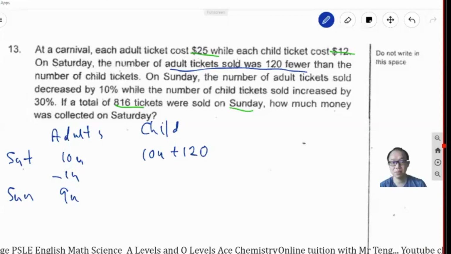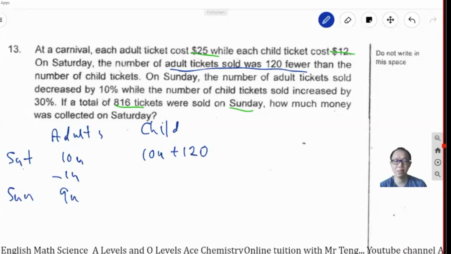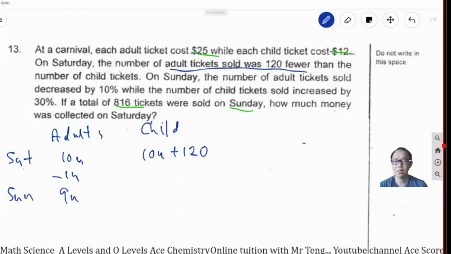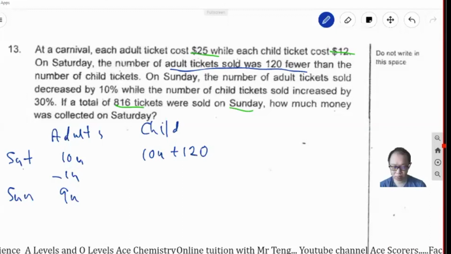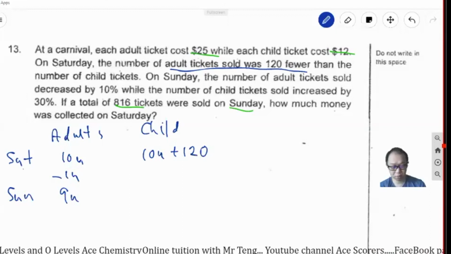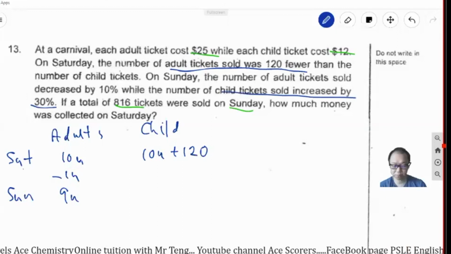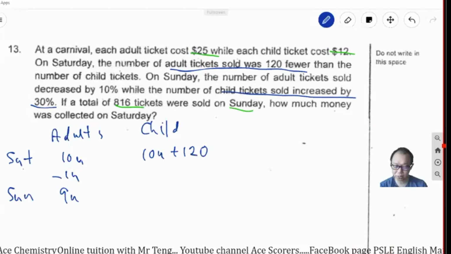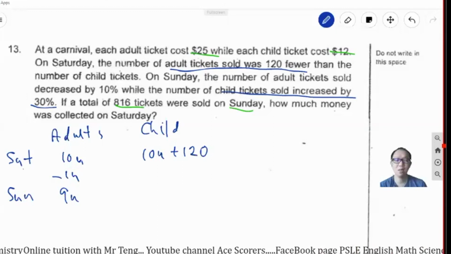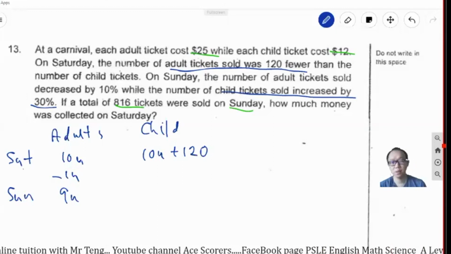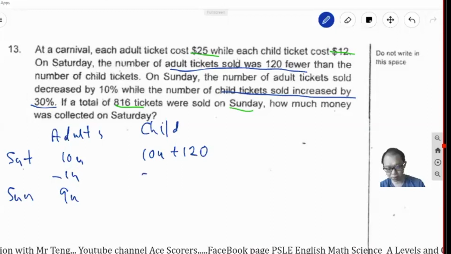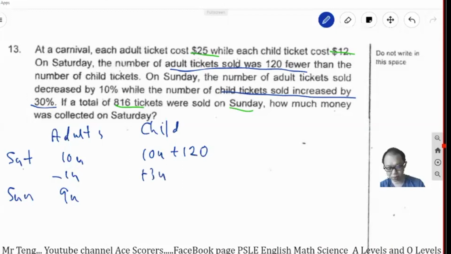So you take away 10%, so it's minus 1 unit. So you're left with 9 units. So I'm moving on to the next piece of information. Child tickets increased by 30%. So how do you increase child tickets by 30%? 10 units plus 3 units. So you get 13 units.